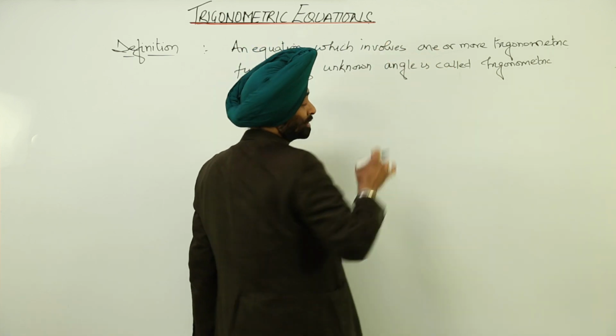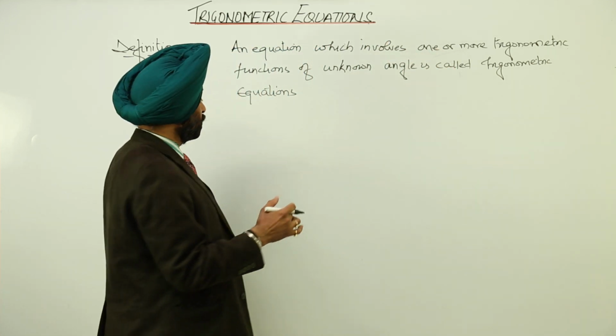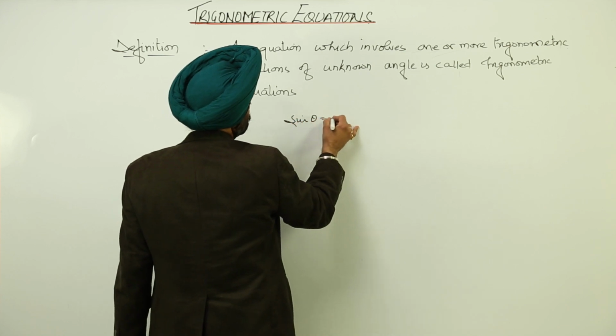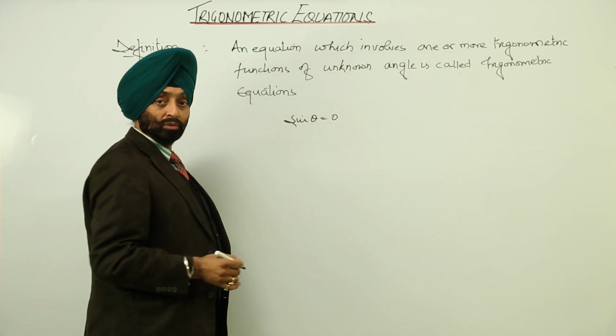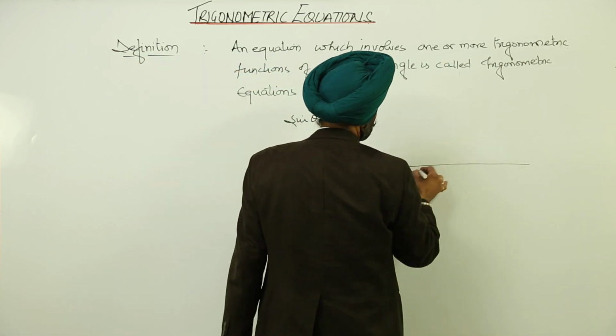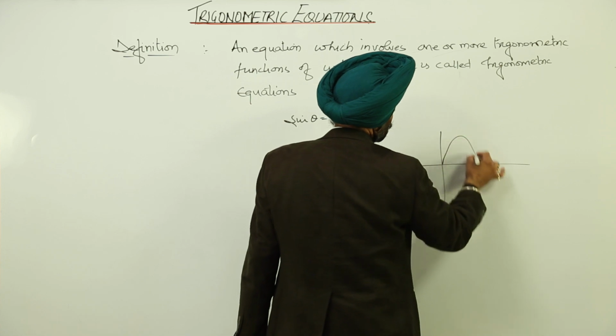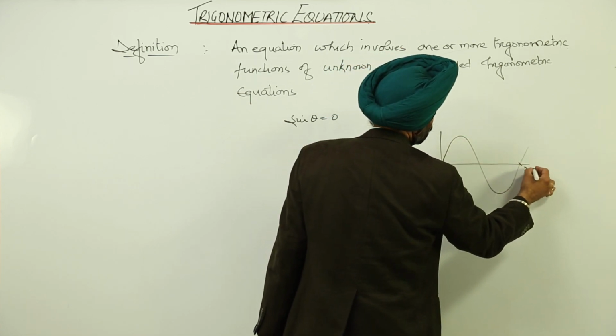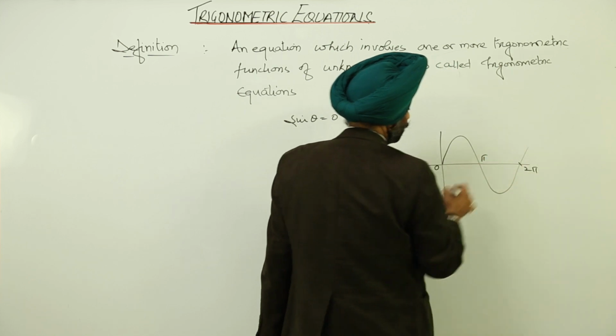First of all, let's discuss one function. As an example, take sin theta is equal to 0. If we draw the graph for this, suppose this is 0 and up to here it is 2 pi, and this is pi.